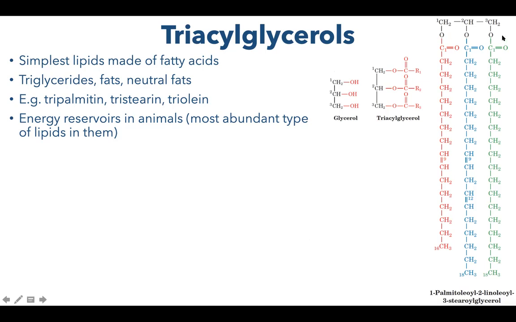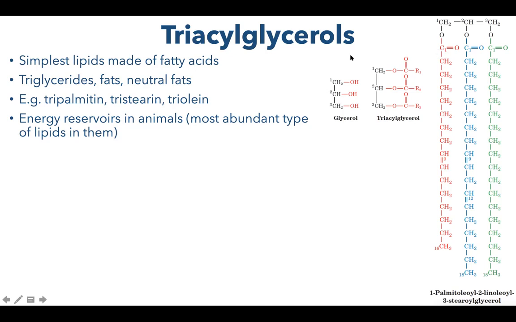ito yung original na glycerol, right? And then you have esters of your fatty acids. Okay? Ayan. So yung OH, napalitan siya ng fatty acid. So the simplest that you can create is glycerol plus one type of fatty acid.